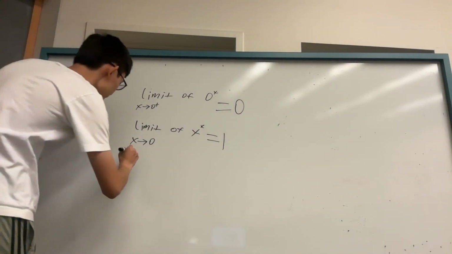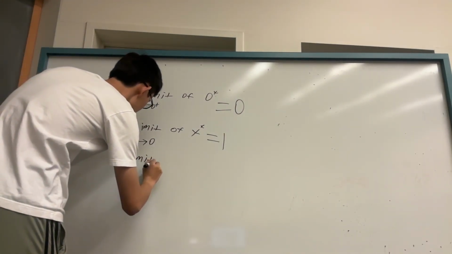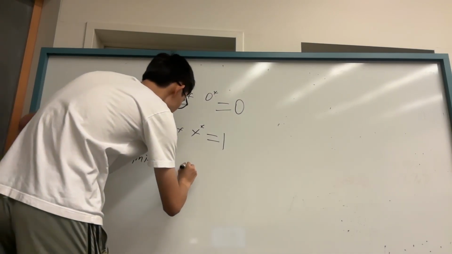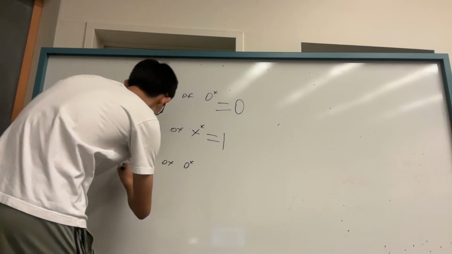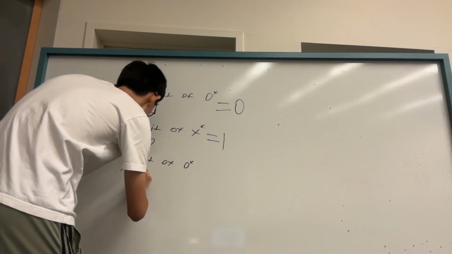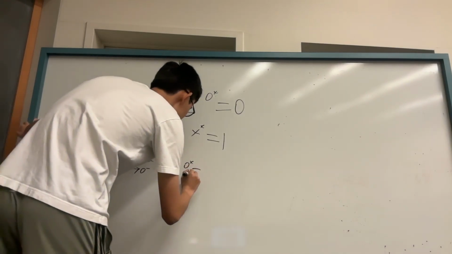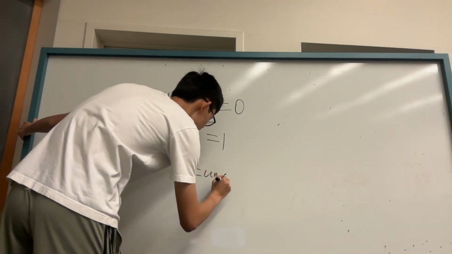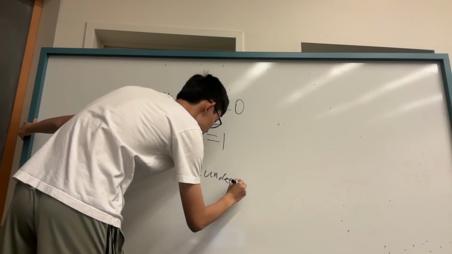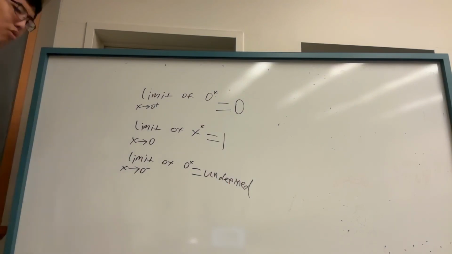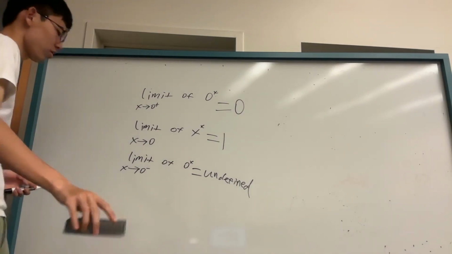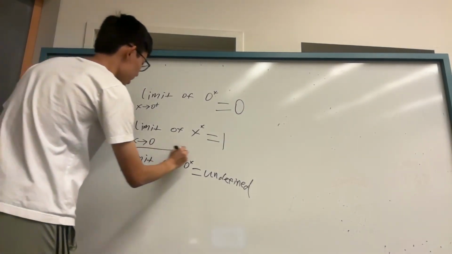But the limit of 0 to the power of x as x approaches 0 from the negative side is undefined, because we cannot divide by 0. 0 doesn't have a reciprocal. So 0 to the power of 0 has no agreement in math. We usually just call it 1 because it's convenient.